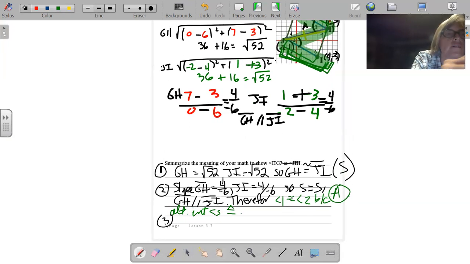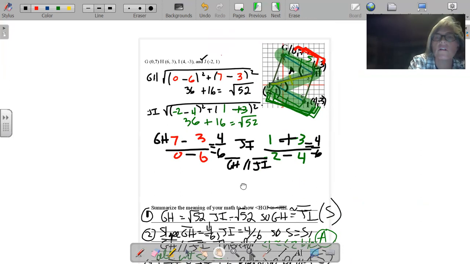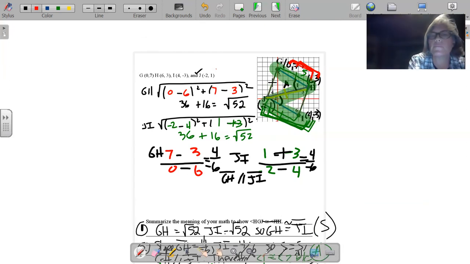JI is congruent to JI because of the reflexive property. There is our other side. Okay, now we can name the triangles. The triangles we're going to name: triangle GHI, triangle IJH.